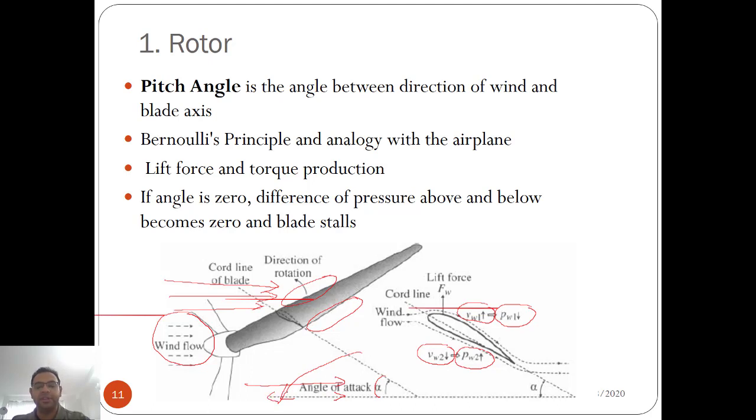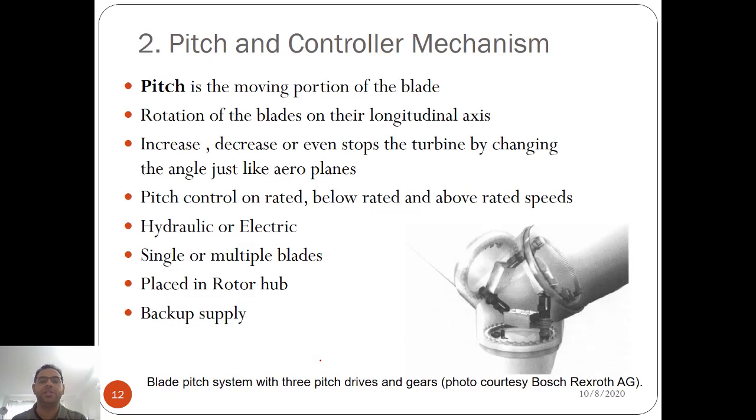Whenever these two axes are aligned, your turbine will stall, because the pressure difference will become 0. And when the pressure difference becomes 0, because the speed is now uniform on the top and bottom surface of the blades, there will be no rotation and no electricity production.